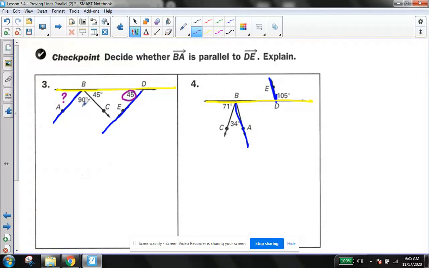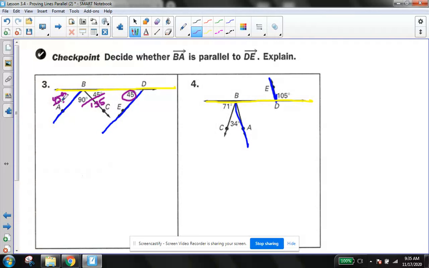I know right now that these two together, so 90 and 45, is going to give me 135 degrees together. I know I have a linear pair when I add up all these together. I have this straight angle, so it has to give me 180 degrees.